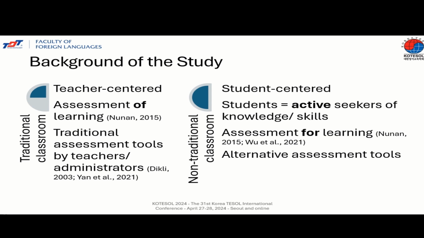Assessment for learning, according to Nguyen 2015, builds assessment into the heart of the teaching and learning process rather than being something that happens at the end of the learning process. Learners and teachers both have a role to play and are involved in self-assessment and self-evaluation. The non-traditional classroom also adopts alternative assessment tools, which are more authentic in nature or performance-based.